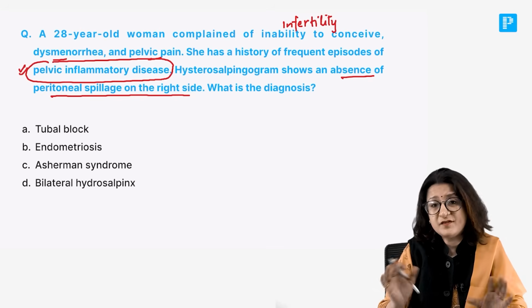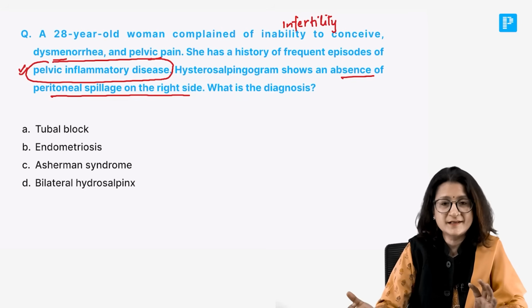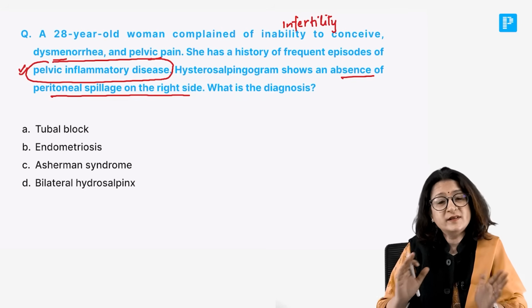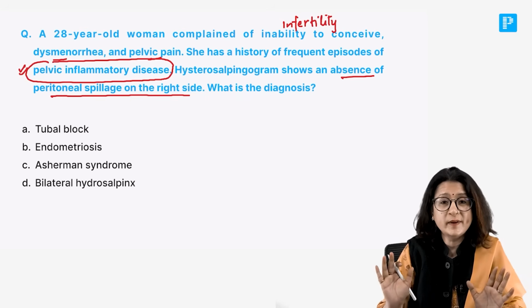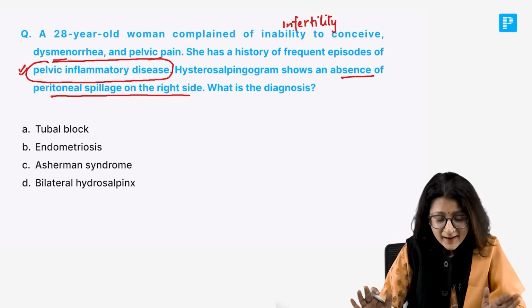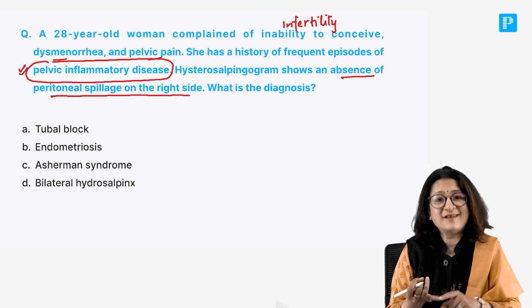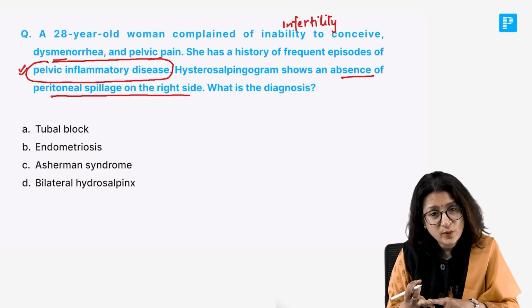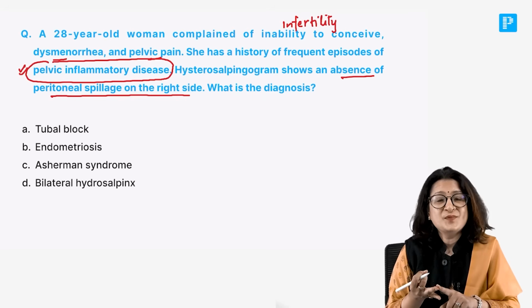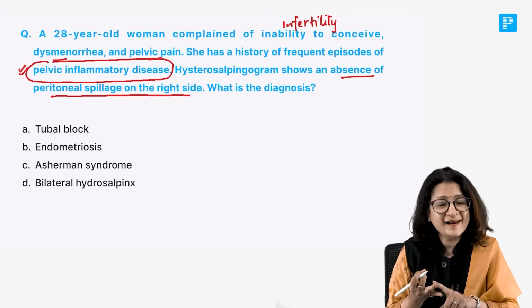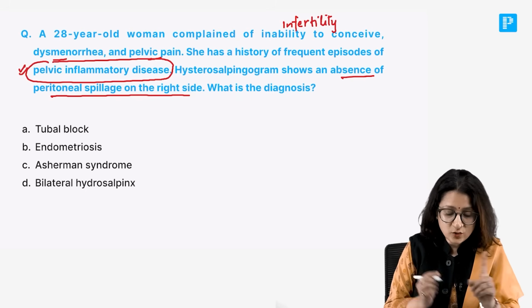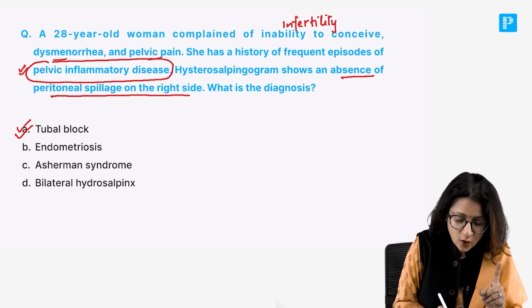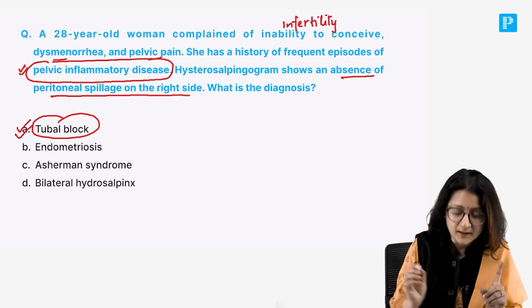That means the side where free spill of dye is not seen, that side the tube is blocked. So tubal blockage, infertility because of tubal blockage, and the most common cause in our country, yes, pelvic inflammatory disease. So the diagnosis is tubal blockage. That is your answer.